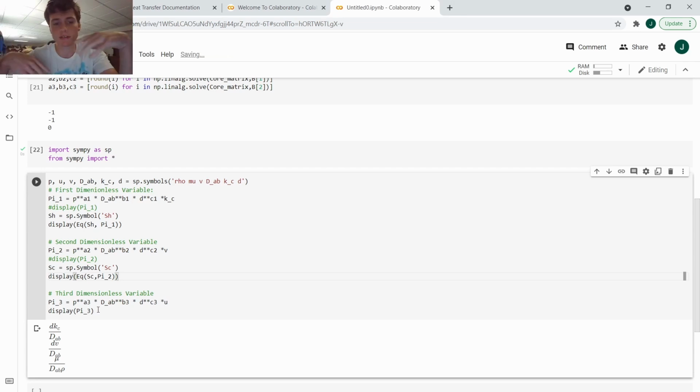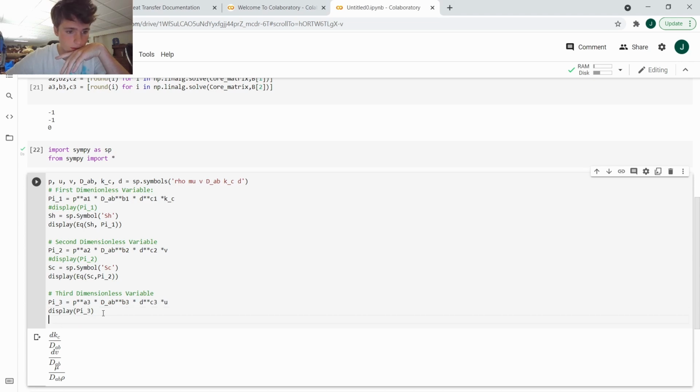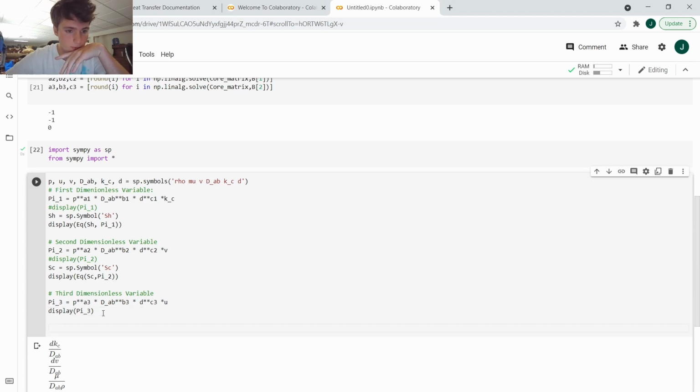But when you have these dimensionless variables, you can divide them and get another dimensionless variable. And when we divide pi 2 by pi 3, we get the Reynolds number. So Reynolds, we'll make a symbol for it.